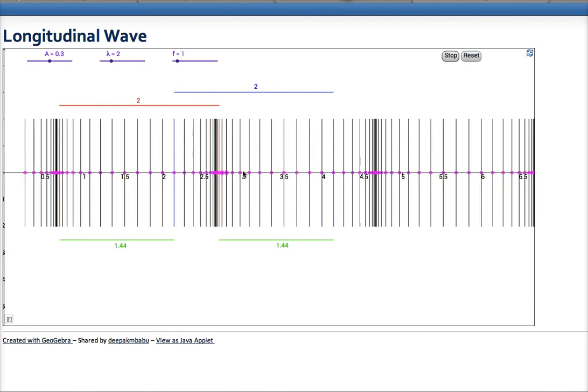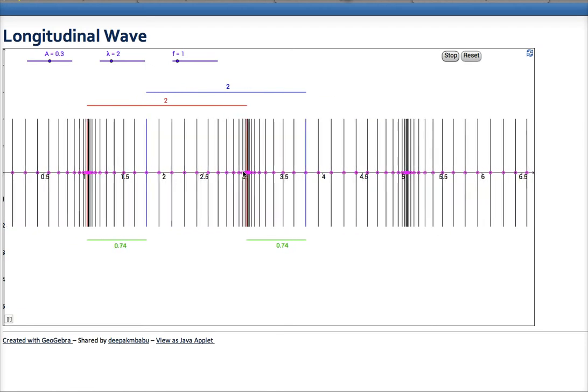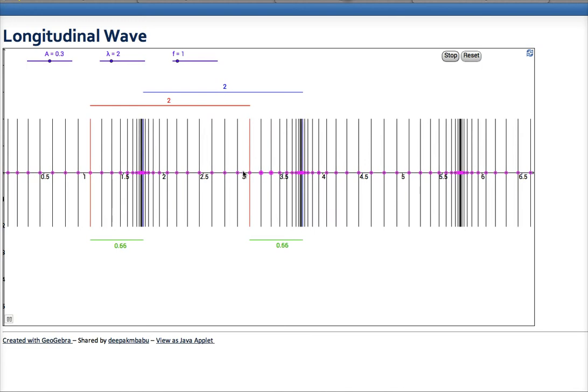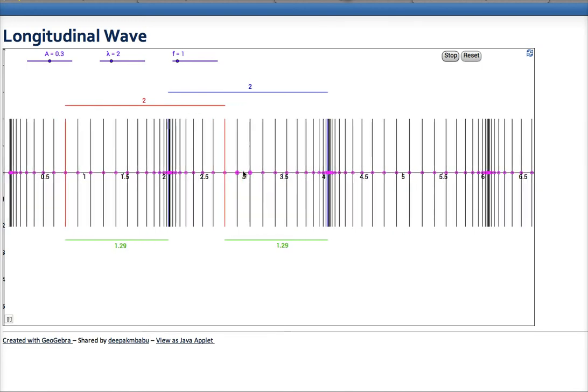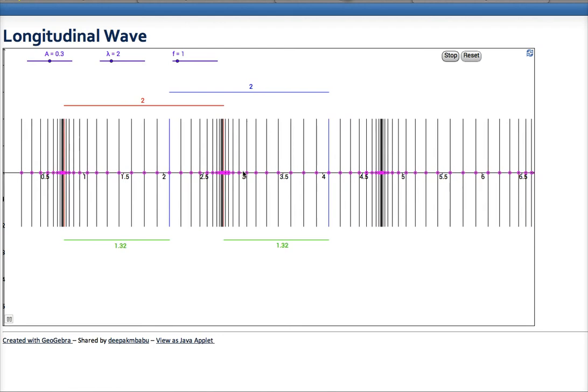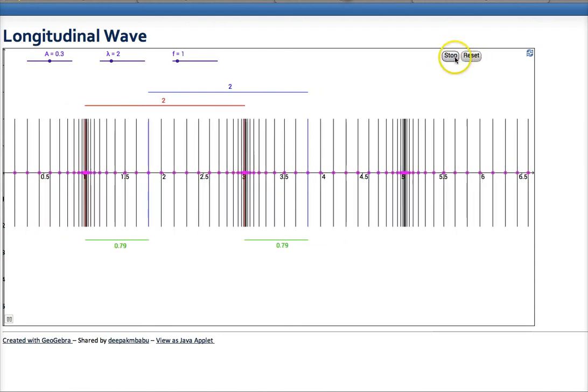Okay, do you also notice that the distance between two consecutive compressions is equal to the wavelength? By definition, right? Let me pause it, hold on.